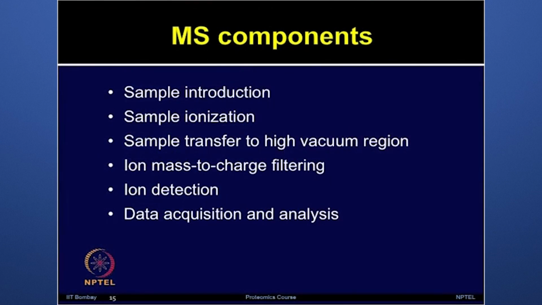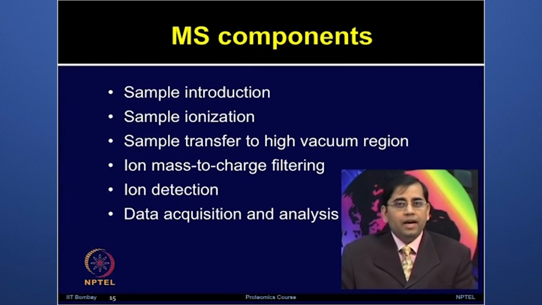Then sample ionization, for which there are various types of ionization sources currently available. Sample transfer to the high vacuum region. The ion mass to charge filtering is performed by the mass analyzers, ion detection by the detectors, and then data acquisition and analysis by the data system. All these are an integral part of the MS components.